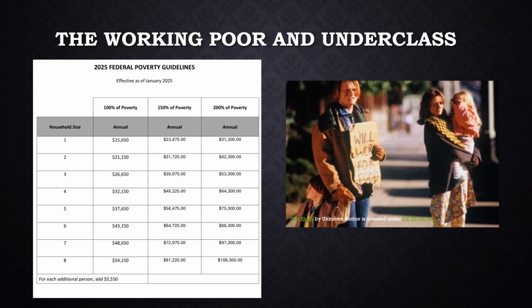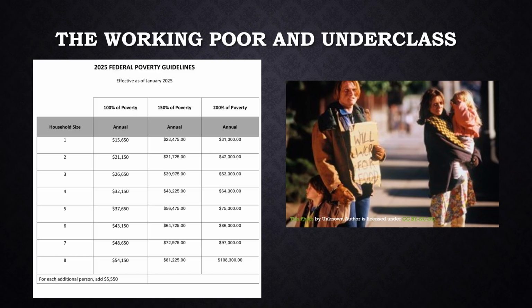You're going to see in the chart below, and you'll notice this is the federal poverty guidelines for 2025. So if you have a household, let's say you and one child, to be at the 100% poverty level, your annual pay is going to have to be $21,150 to be considered the 100% poverty level.